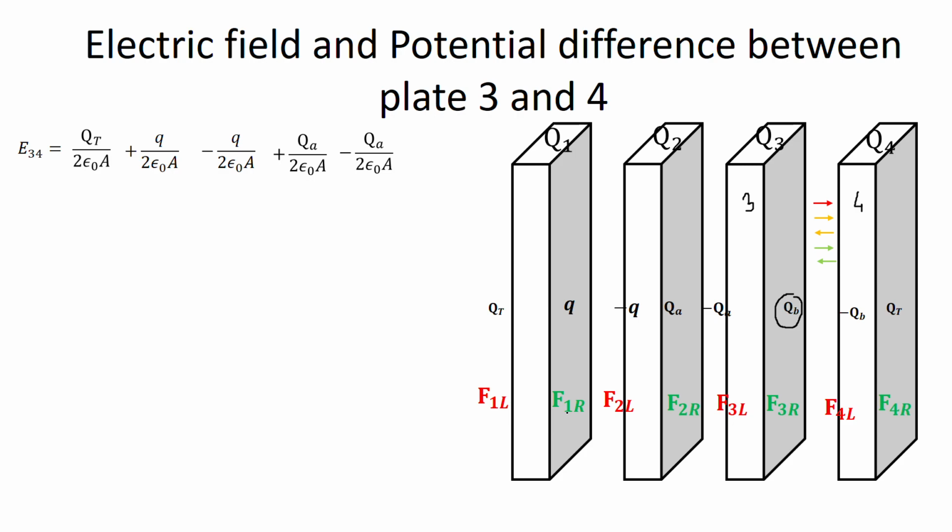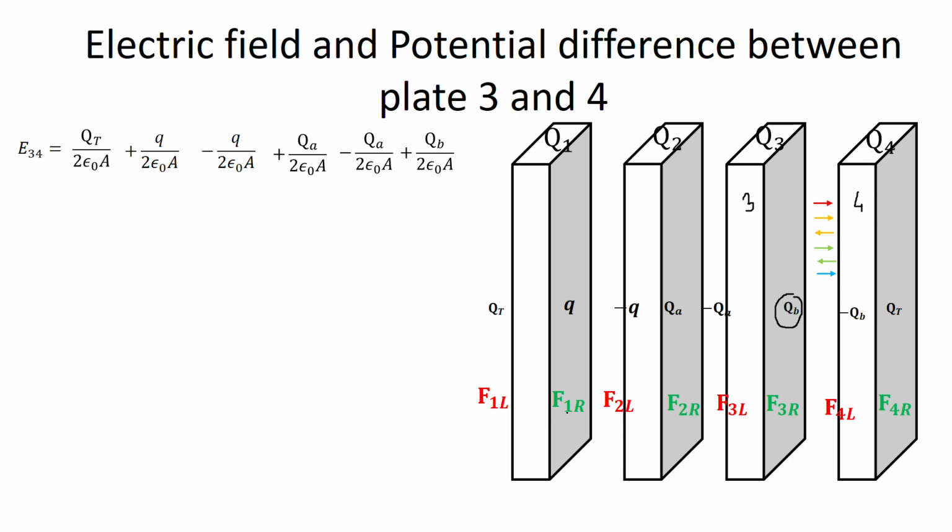For QB, the electric field is towards right, and I have chosen the positive x direction as positive and negative x direction as negative. So its magnitude of electric field is plus QB divided by 2 epsilon naught A.